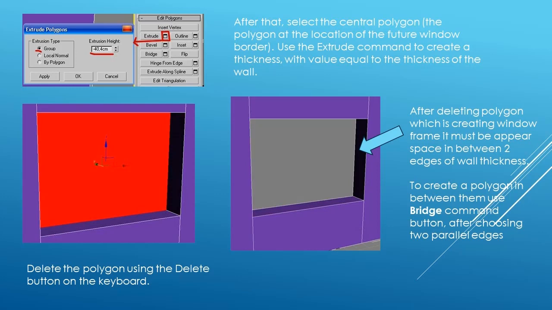After deleting the polygon which is creating the window frame, a space must appear between the two edges of the wall thickness. To create a polygon between them, use the Bridge command button after choosing two parallel edges.